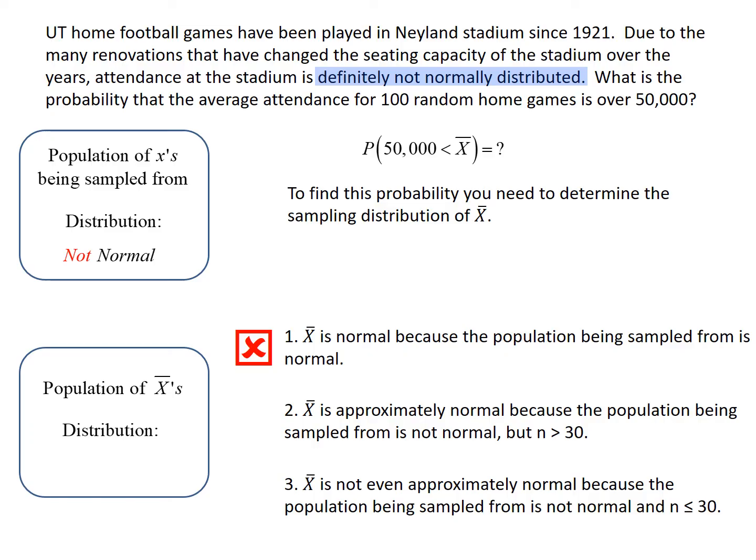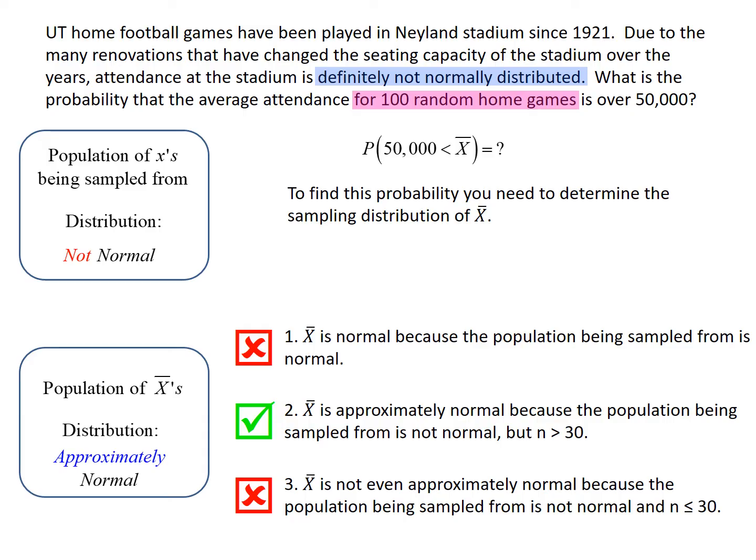We have to now look at the sample size to see if the central limit theorem applies. Sample size, we're talking about 100 random home games. That is absolutely more than 30, so the central limit theorem does apply, and X bar is going to be approximately normally distributed. Obviously, that rules out option number 3.